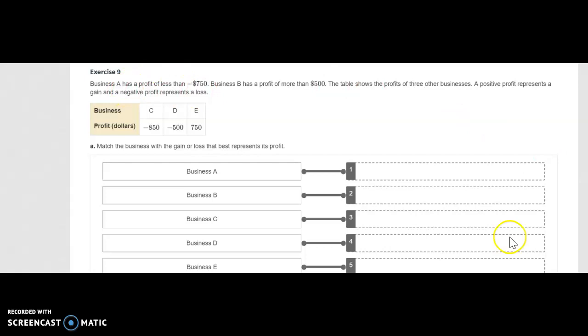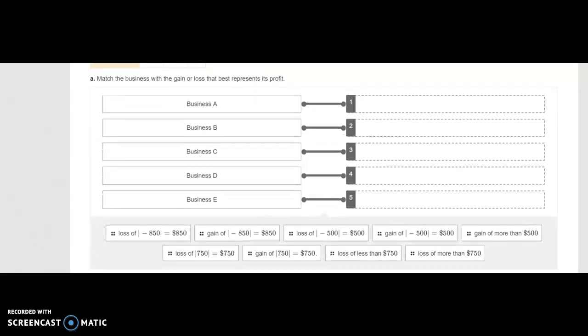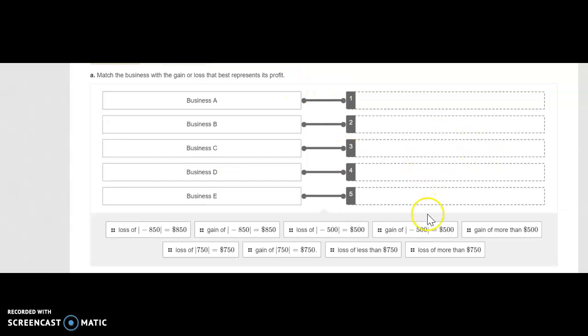Business A has a profit that is less than 750. So for business A, we're going to go down here and find the one that says a loss of more than 750, because when we're talking about loss, it's going to be less. Business B has a gain of more than 500, and here we are, gain of more than 500.